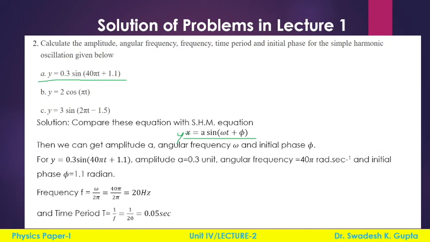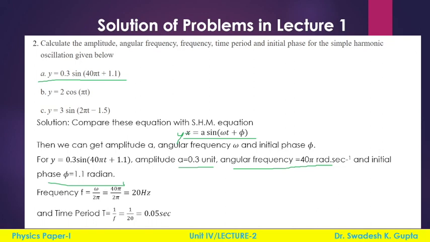So a is equal to 0.3, omega is equal to 4 pi, and phi is equal to 1.1, which I have written here. A is equal to 0.3 unit. Angular frequency omega is equal to 4 pi radian per second, and initial phase phi is 1.1 radian.